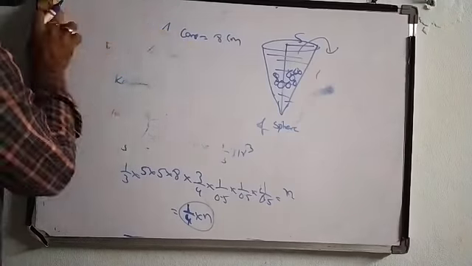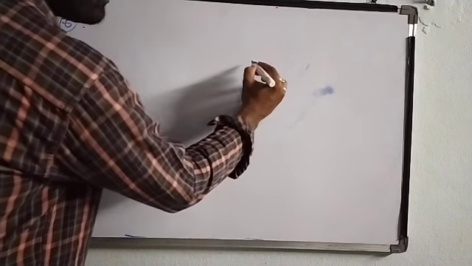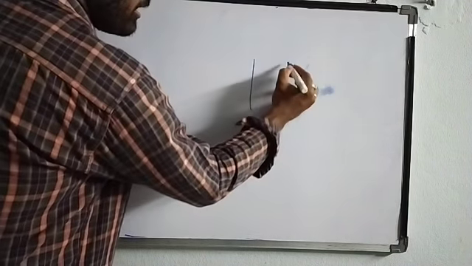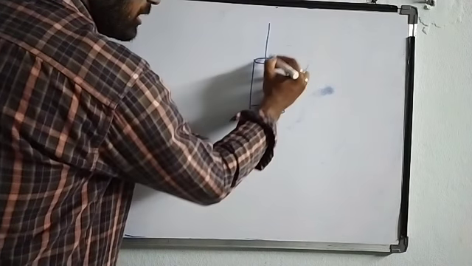Next question, sixth question. Okay, next, sixth question of exercise 13.2. So a solid iron pillar. There is one solid iron pillar, and on this there is another iron pillar.